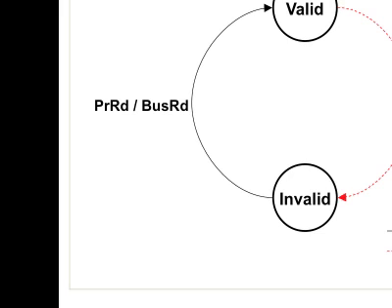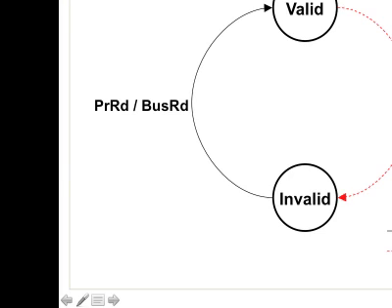Now we have another possible state transition, and in this case we use a dashed arrow line to describe it. The label we put on this line is bus write / nothing.